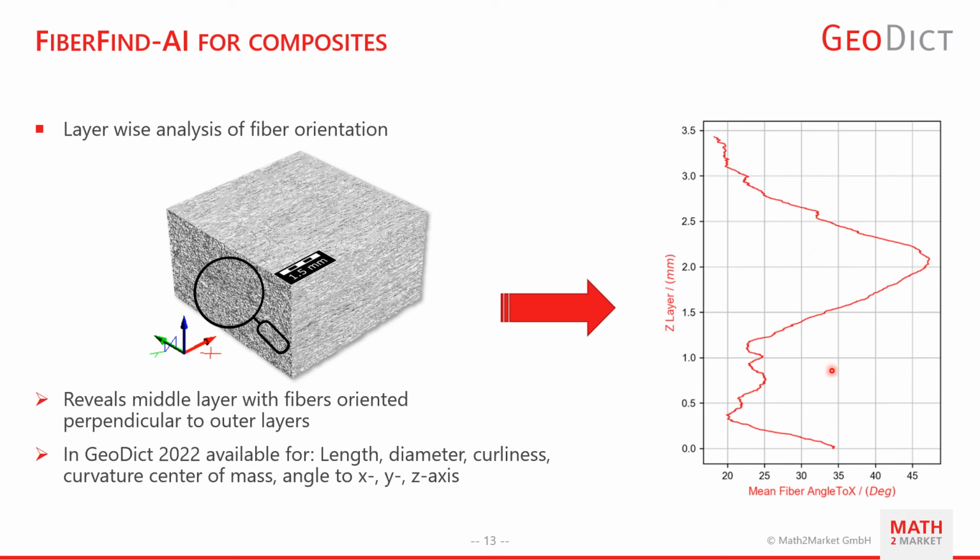So what we are computing here is the mean fiber angle for each layer. So basically for every fiber that is part of a layer, the angle to the x-axis gets computed and then that gets averaged for all the fibers in the layer, and this is how we end up with that value here. You can also see right at the bottom, we can't see that really here in the image, we also have a change in the fiber angle.